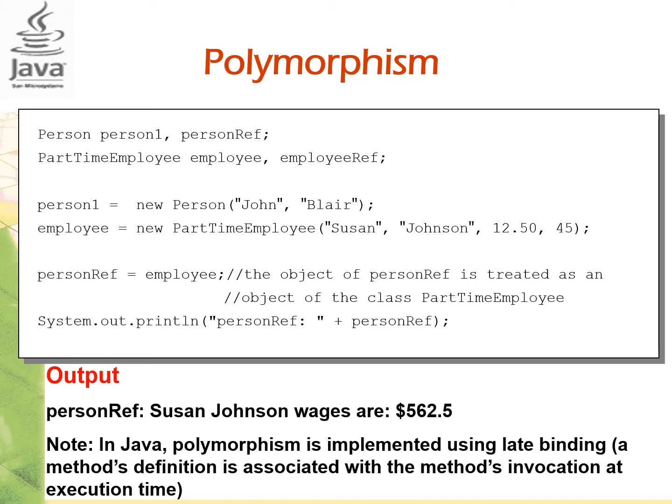You create an object called person1, and then employee, which is a PartTimeEmployee, passing the provided attributes. Then you assign an employee of type PartTimeEmployee to the person. Person here is the superclass. The object of personRef is treated as the object of the PartTimeEmployee.